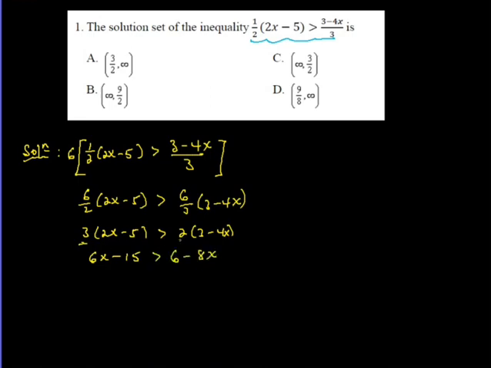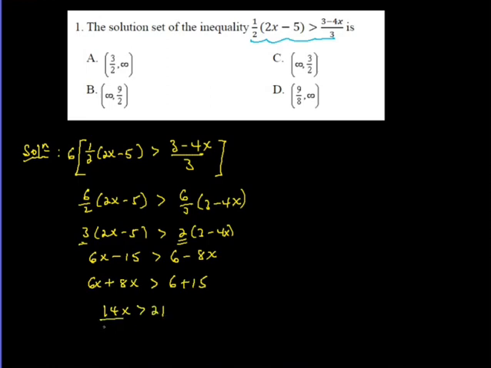Okay. We have to distribute these numbers inside. Now collect like terms. So this becomes 6x plus 8x is greater than 6 plus 15. So this means 14x is greater than 21.